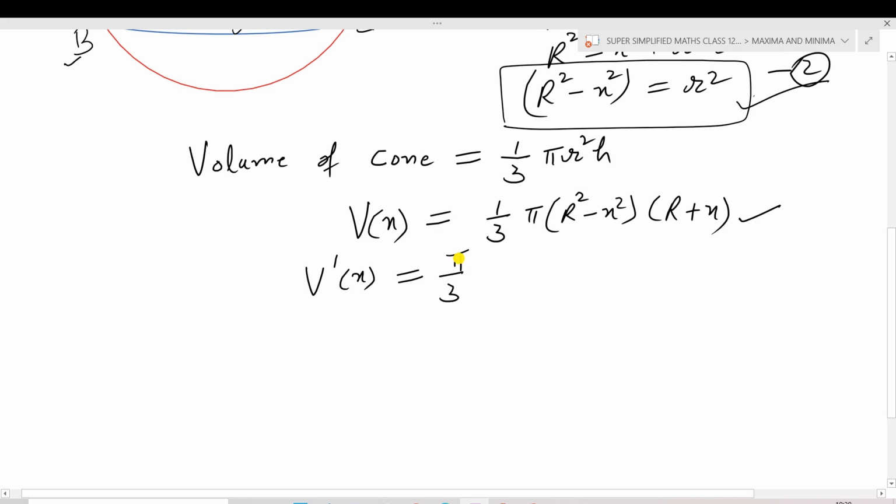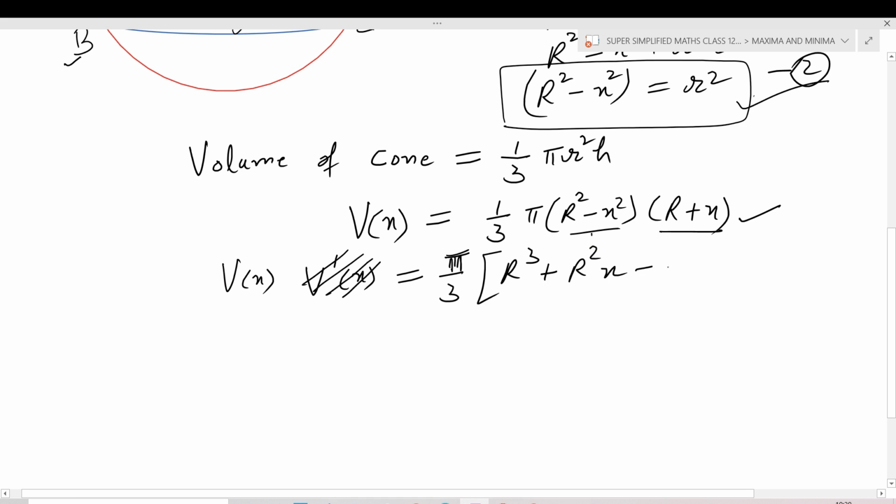I am further simplifying V of x, which comes out to be, multiplying these two brackets, R square with both the terms gives me R cube plus R square x. Then I multiply minus x square with both the terms of the second bracket, so I get minus x square R minus x cube. Now after this step, I differentiate the expression for volume.